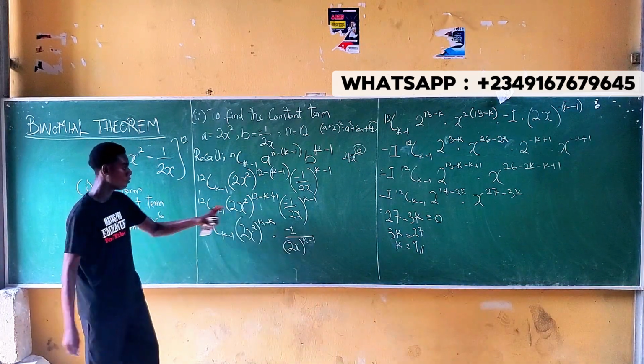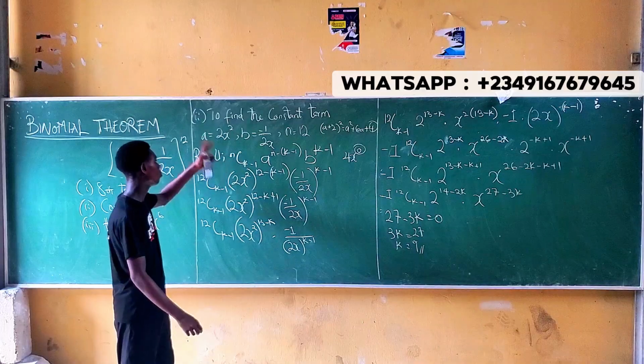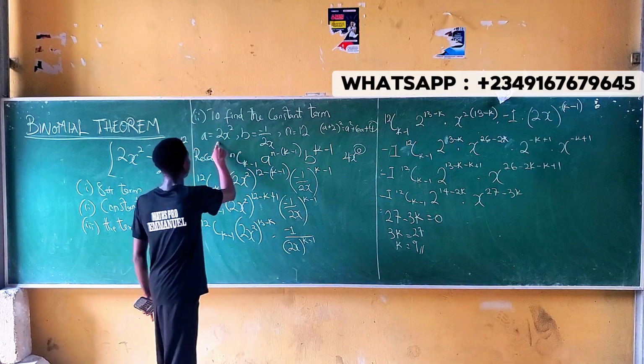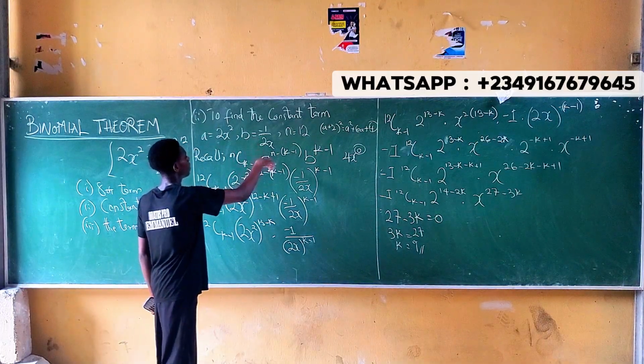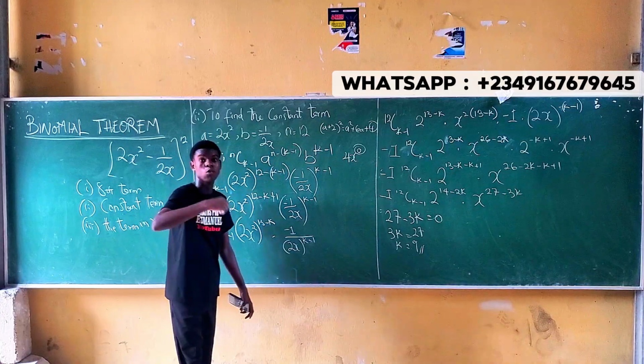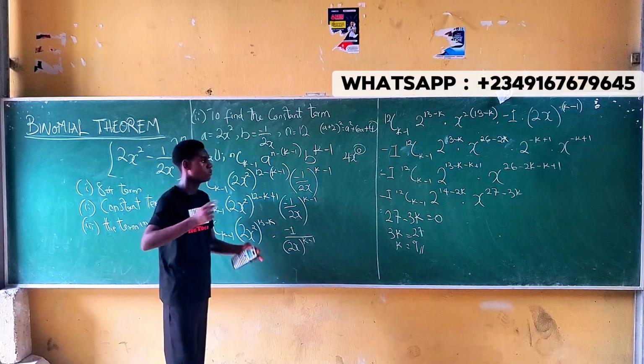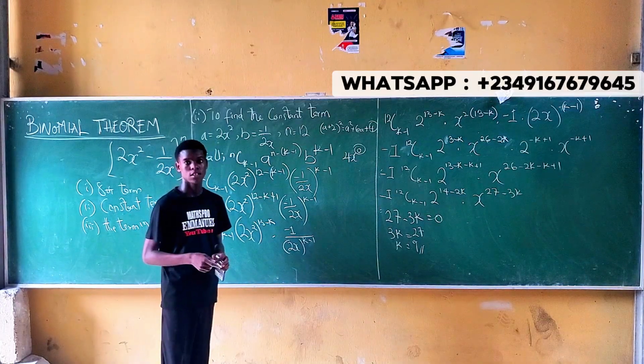Now let's put the value. You have done that, k is 9. I'll just go back again and put a as 2x squared, b as minus 1 over 2x, n as 12, and now we have known that the constant term k is 9. So let's do that and get the constant term.